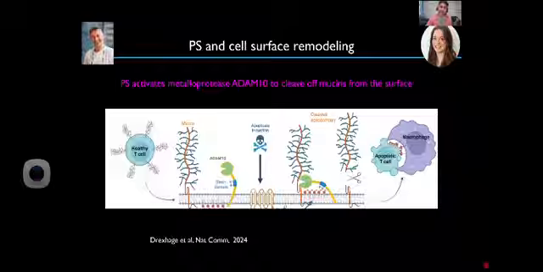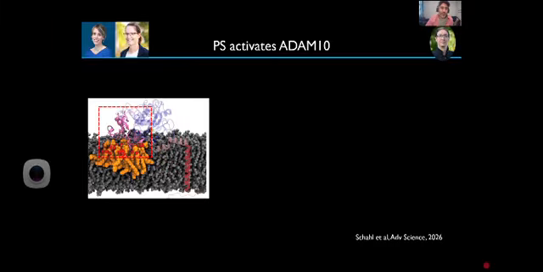Well, we didn't know exactly how this process would happen, but in the next slide, with our collaborators here in Stockholm, we actually did molecular dynamics simulations to see how ADAM10 interacts with membrane lipids, and we have seen that PS interacts with ADAM10.